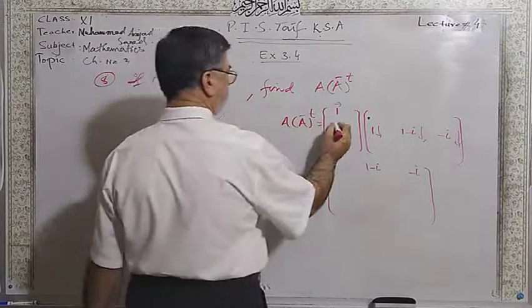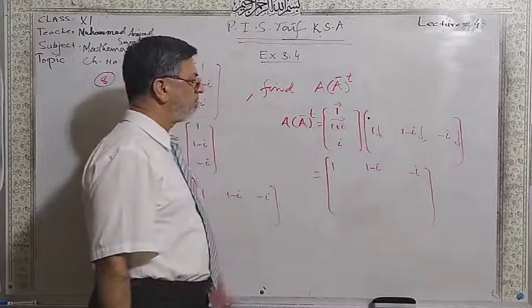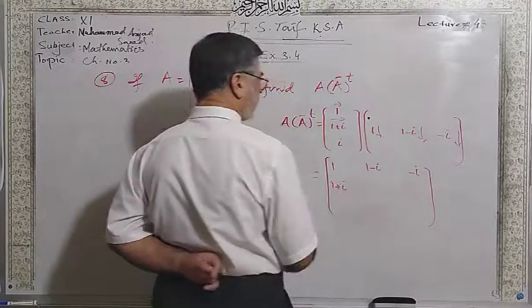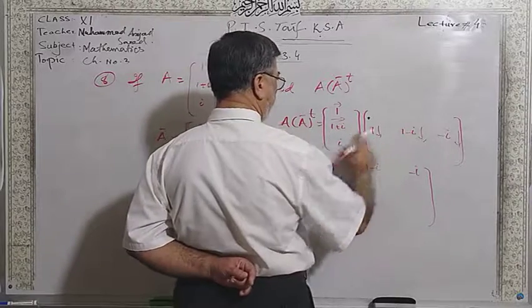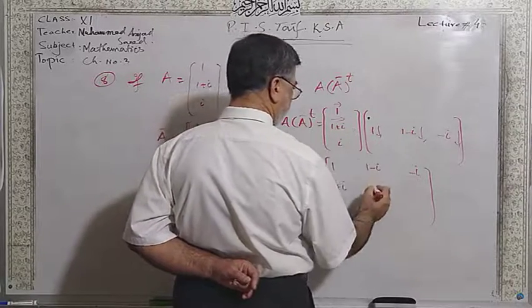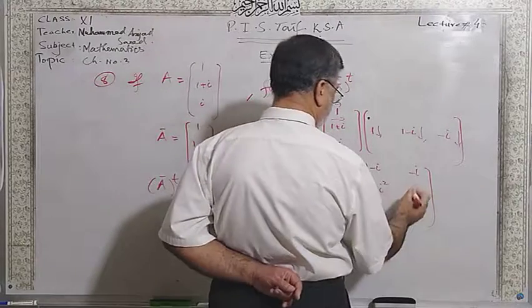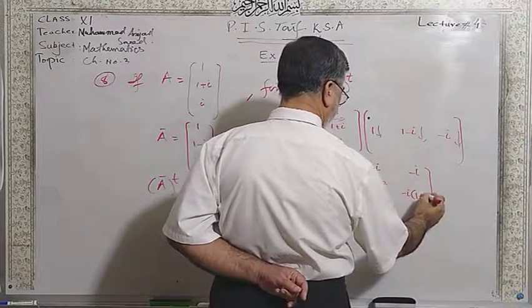After that, this is the term of second row. First into first, that is 1 plus iota, 1 plus iota and 1 minus iota, multiply that. This will be 1 minus iota square. Then the third one is minus iota into 1 plus iota.